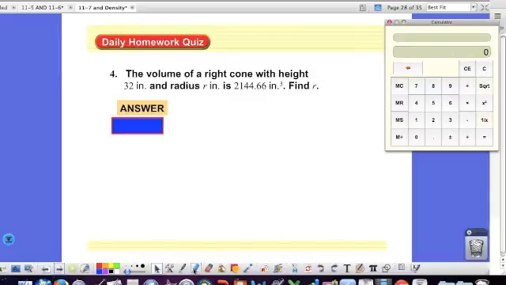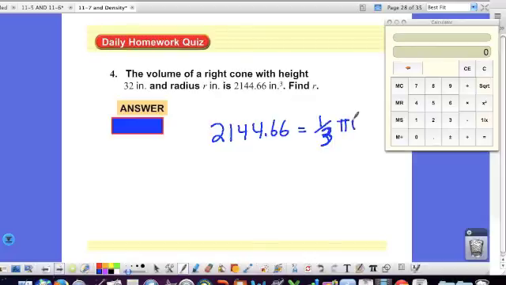For the next question here, the volume of a right cone with height of 32 inches and radius r is 2,144.66. Find r. V equals 1/3 pi r squared h.